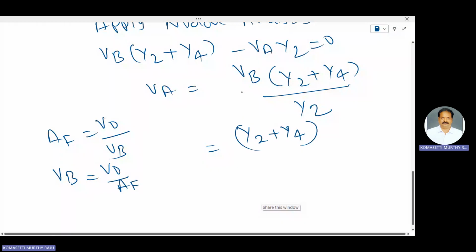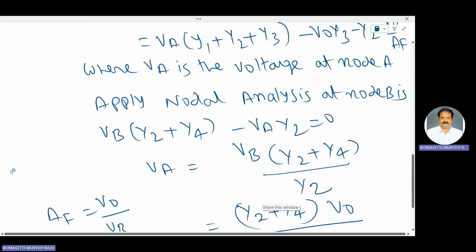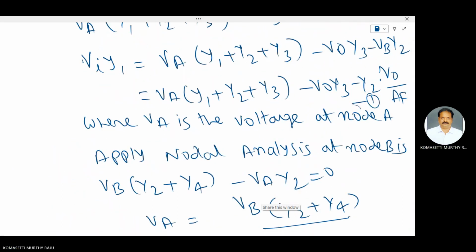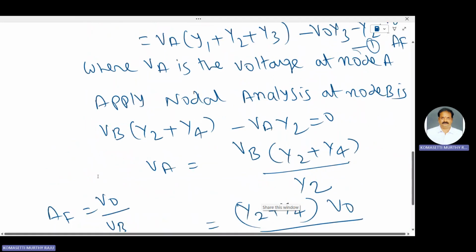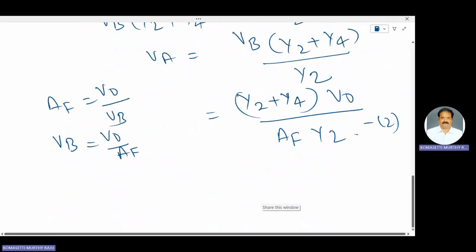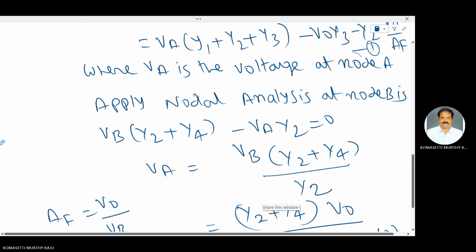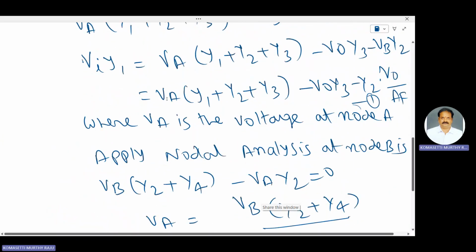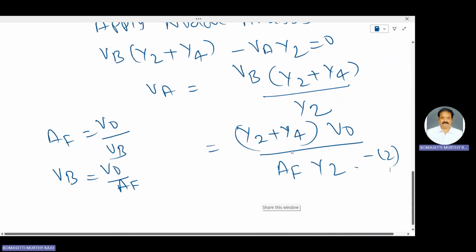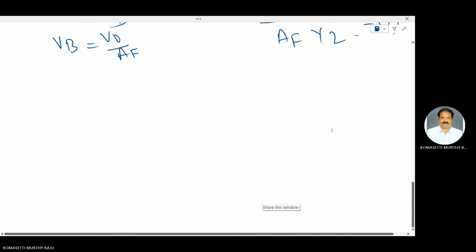See, this one is equation 1 and this one is equation 2. In equation 1, VA is there. This VA is replaced with (Y2 plus Y4) into V0 by AF Y2.